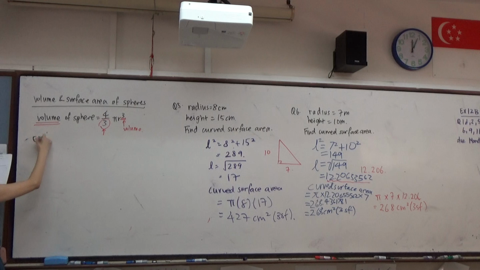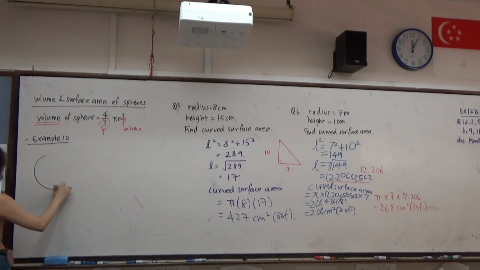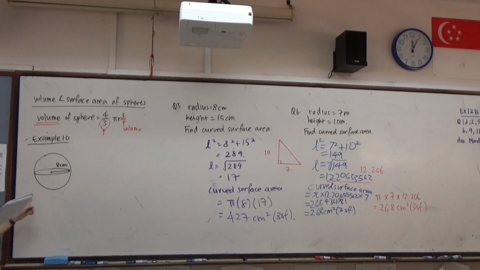looking at example 10. We have a sphere, some cm in radius. Okay, it is recast. In the question it says that this sphere is recast into a solid cylinder of radius 4 cm.